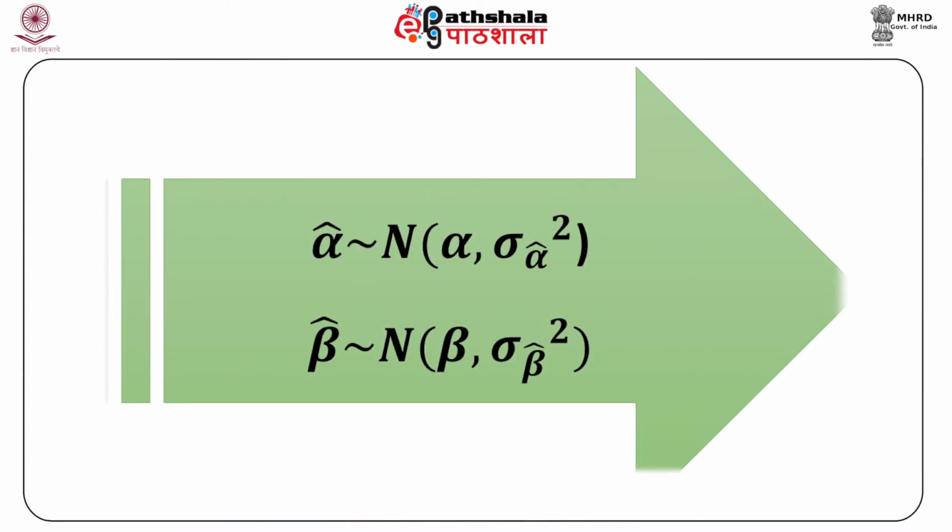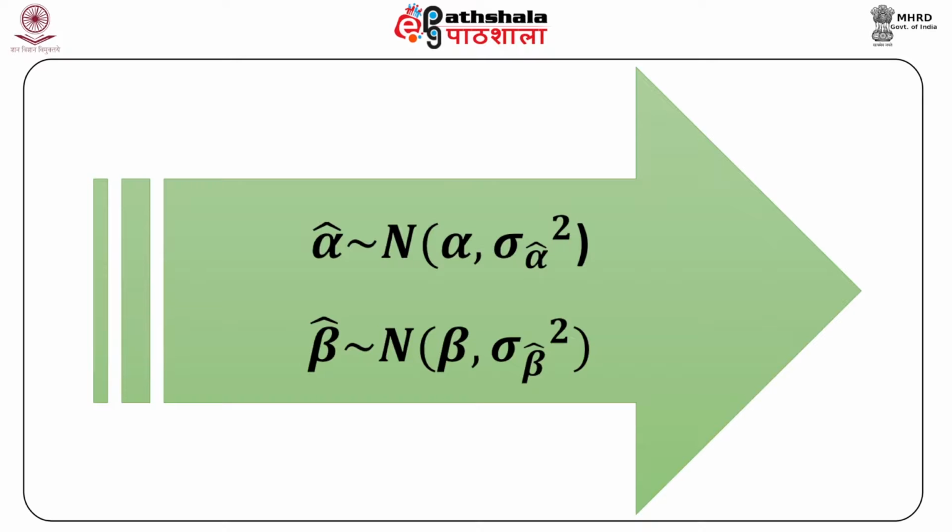From this, basically, we derive the probability distributions of the estimators of alpha and beta. The estimators are in fact linear functions of mu. Applying one of the properties of normal distribution, that any linear function of a normally distributed variable is also normally distributed, it means that if mu i is normally distributed, all its linear functions would also be normally distributed.